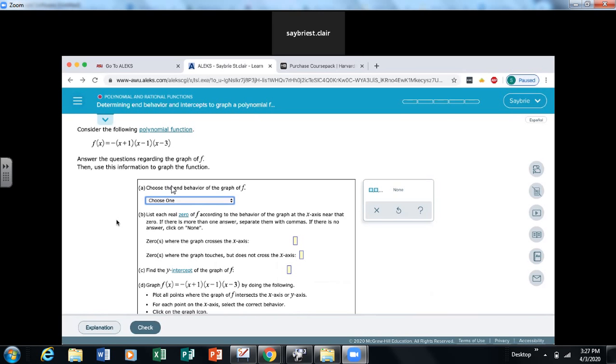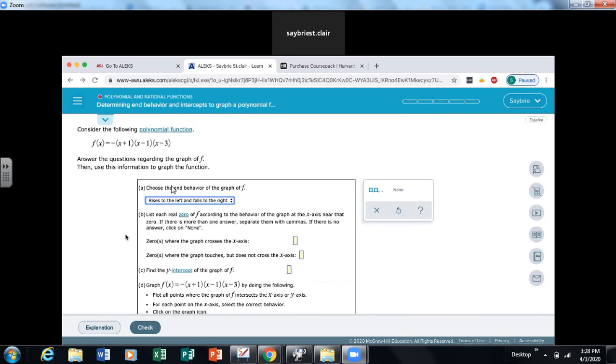Because you got to know that for sure. A to the n is less than 0 because it's going to be negative out there. And the degree is odd. So you guys got x to the third. So case 2. There you go. So that's the end behavior: rises to the left, falls to the right.